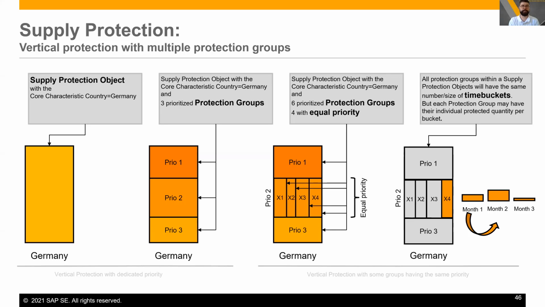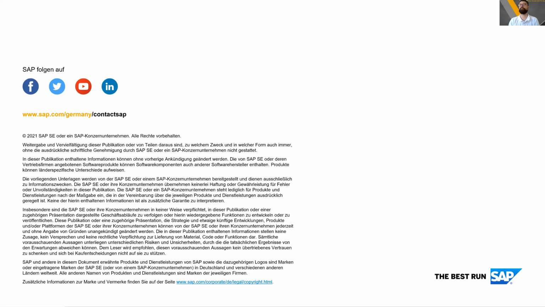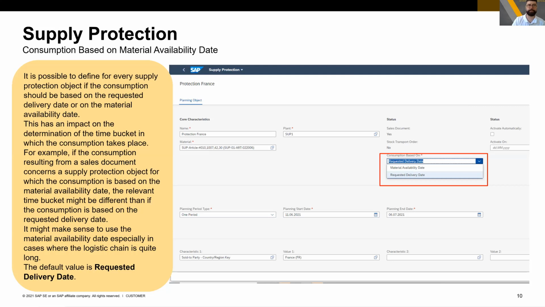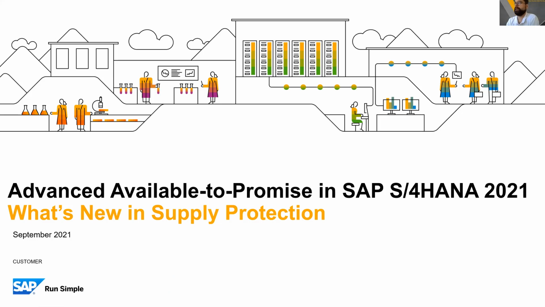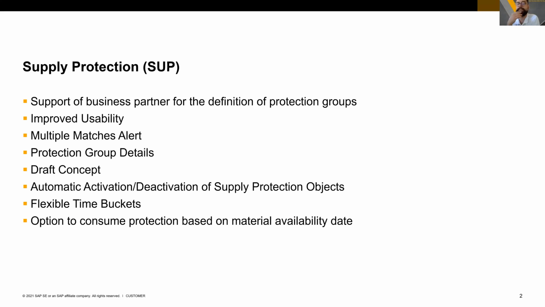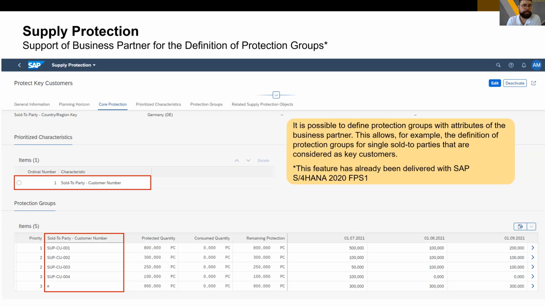And I will now go to the deltas to last year. This is what was new in supply protection. We have quite a list of different topics, and I will go through them one by one. The business partner is a very relevant criterion to define protection groups.